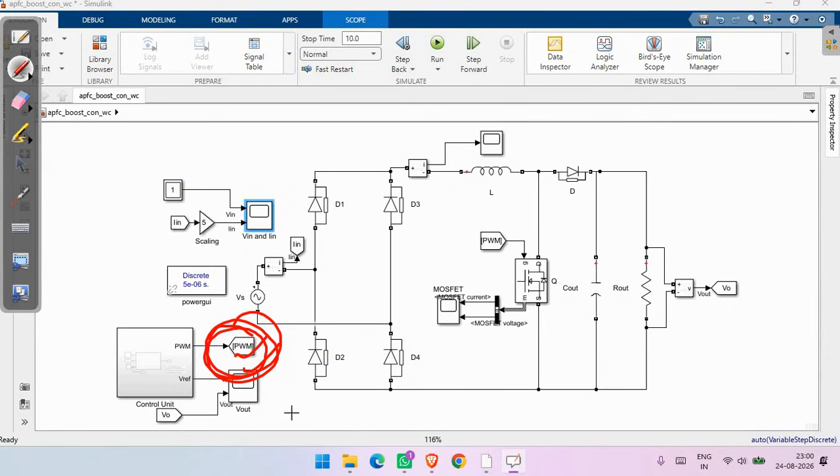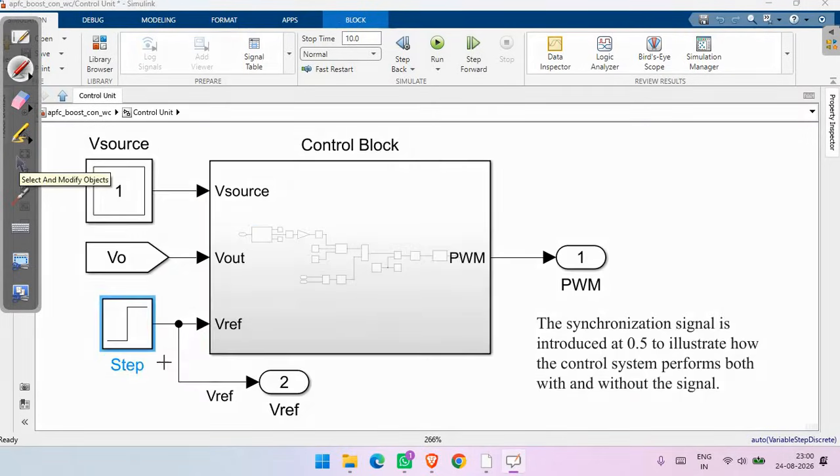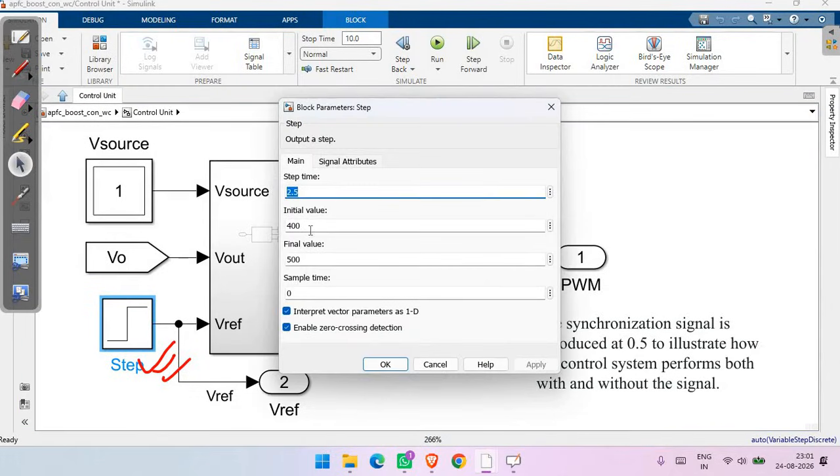Now let's see inside the control unit. This is the reference value, and this has an initial value of 400 and a final value of 500, and the step time is 2.5.